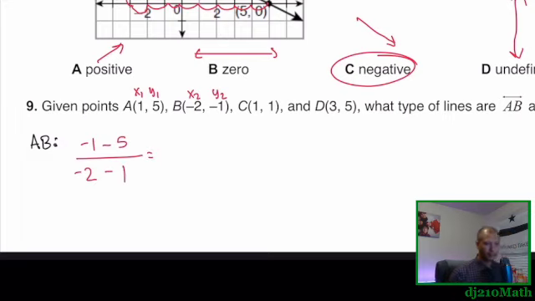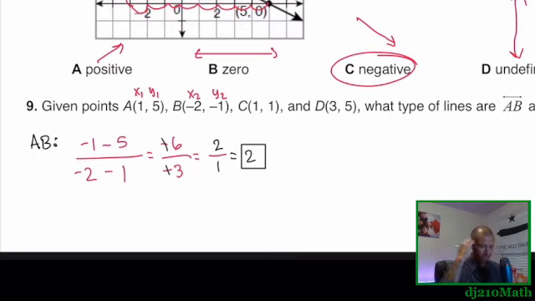Simplifying this, -1 minus 5 is -6, over -2 minus 1, which is -3. This is going to reduce. Negative divided by a negative is a positive. So those cancel, and 6 over 3 is just 2 over 1, which is basically 2. So the slope of AB is 2.